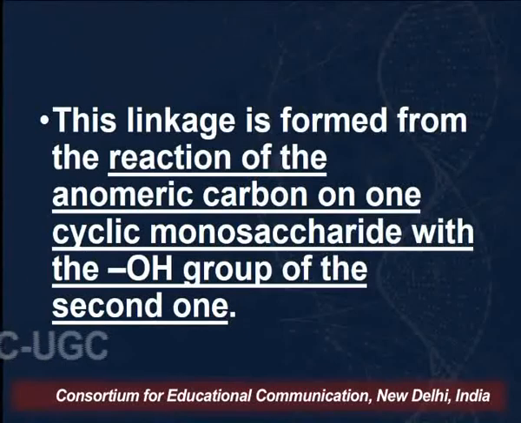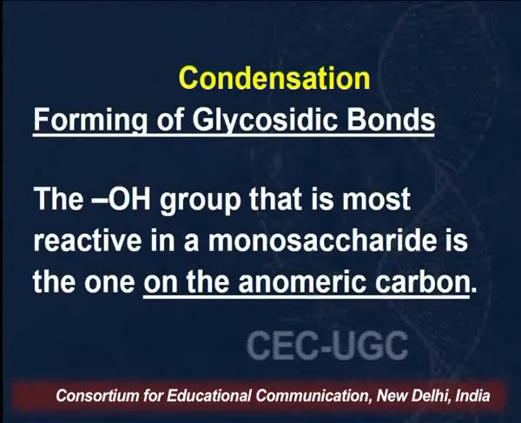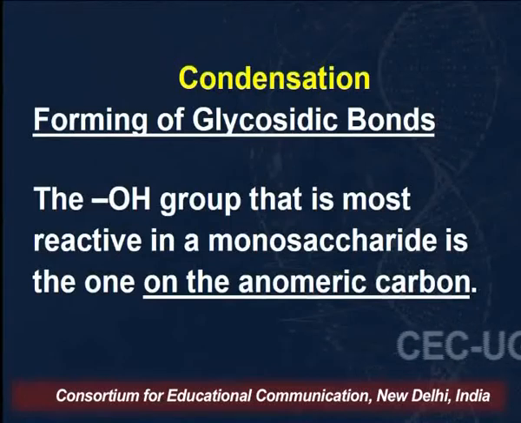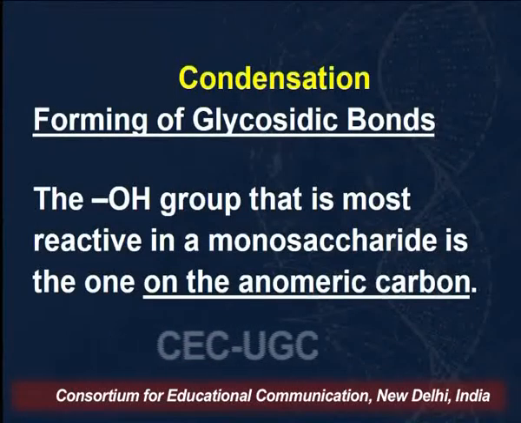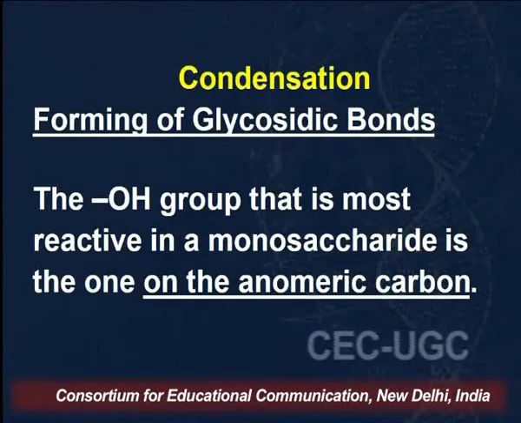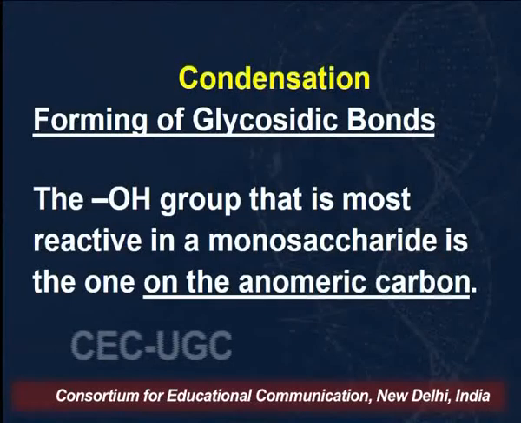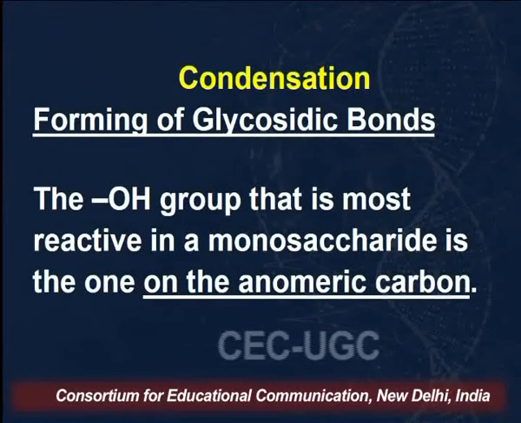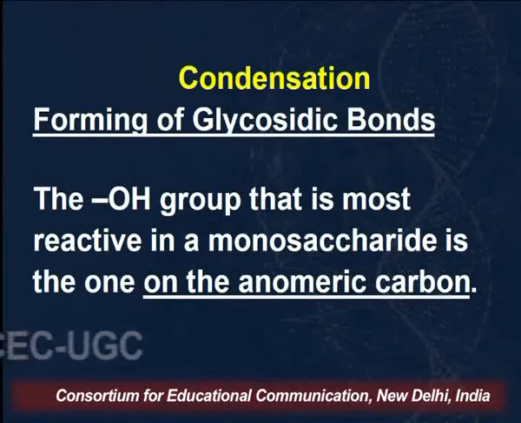Why does this happen? Because the anomeric carbon is the most reactive carbon. So the OH group attached to it is most reactive. So what happens when the anomeric OH of one monosaccharide unit reacts with another OH of the other monosaccharide unit, then we get a disaccharide. So which hydroxyl group is going to take part in a glycosidic bond?